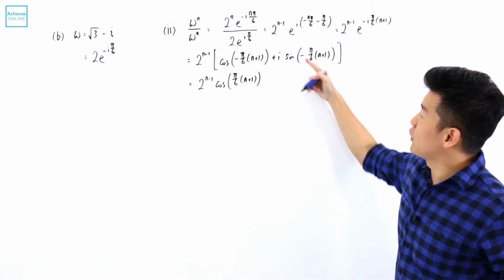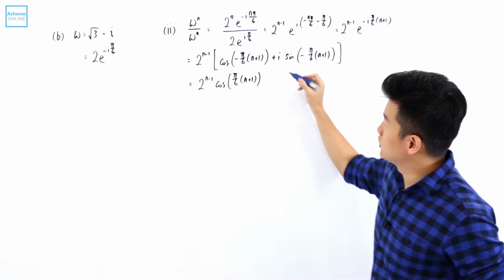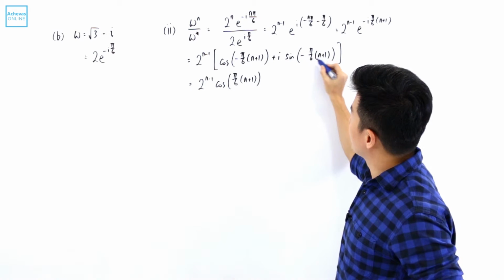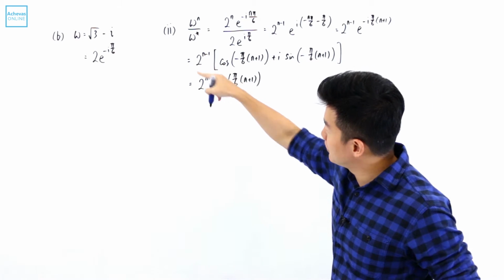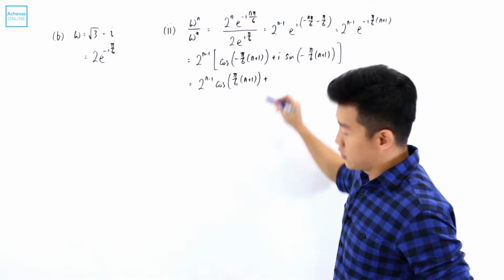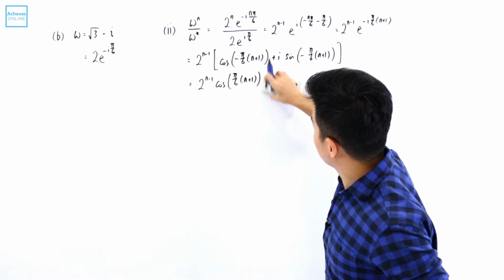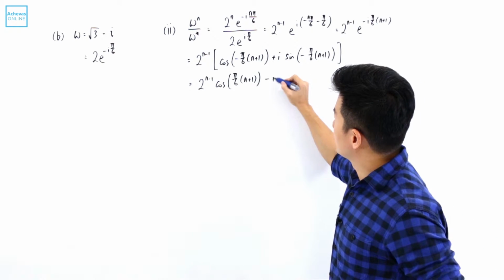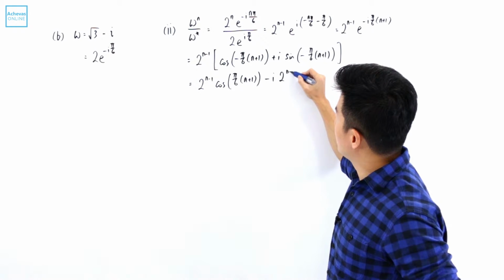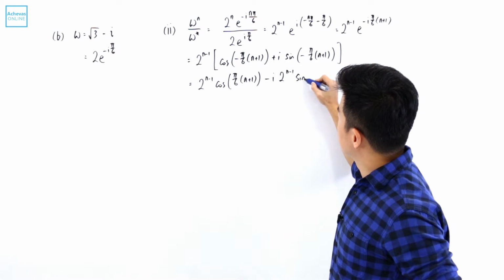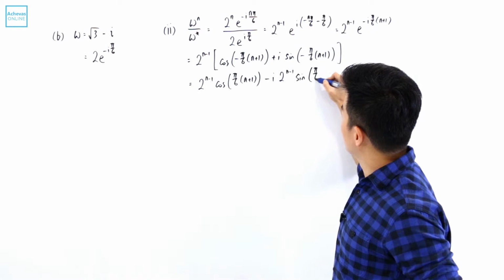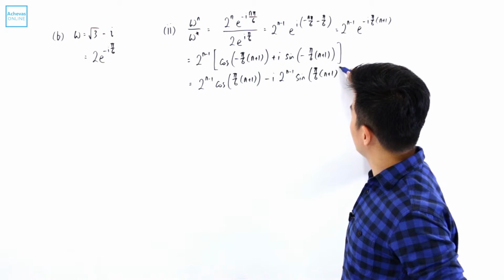And sine of a negative angle is negative sine of the angle, so it is going to be negative sine of pi over 6 times n plus 1, and multiplying it by this, it is going to be minus i of 2 to the power of n minus 1 and sine of pi over 6 times n plus 1.